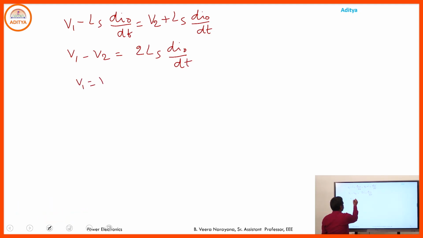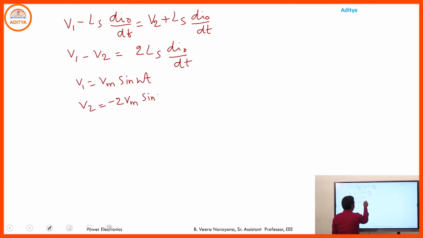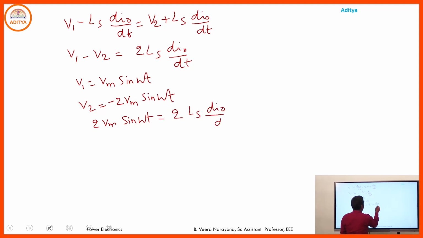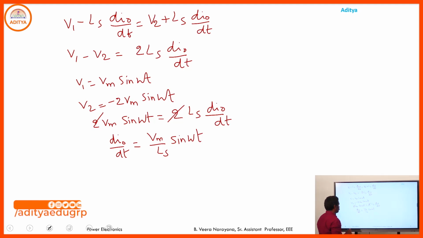So here V1 is equals to Vm sin omega t and V2 is equals to minus Vm sin omega t. So substitute these values here. 2Vm sin omega t is equals to 2Ls di naught by dt. 2 gets cancelled, and finally here di naught by dt is equals to Vm by Ls into sin omega t.